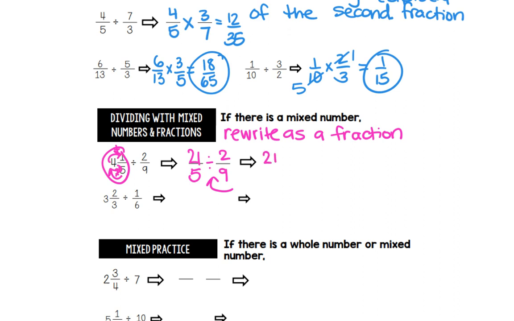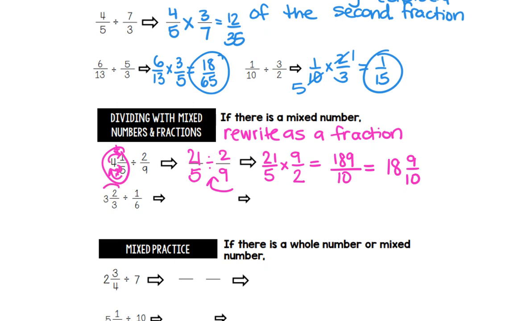So now we'll rewrite this as 21 over 5 times 9 over 2. And now we can do our multiplication. 189 over 10. That's going to give me 18 and 9/10.